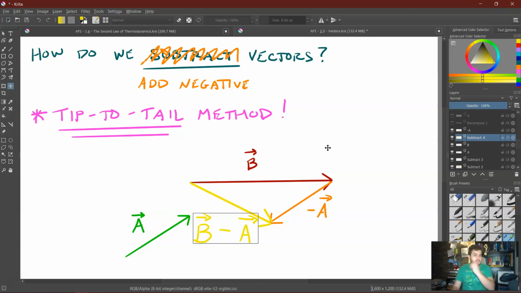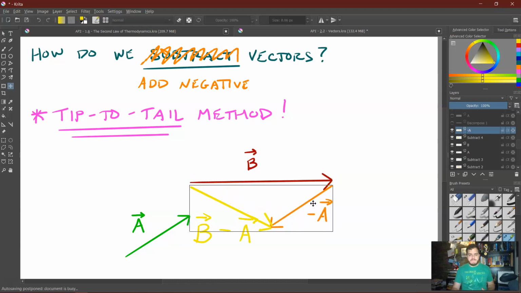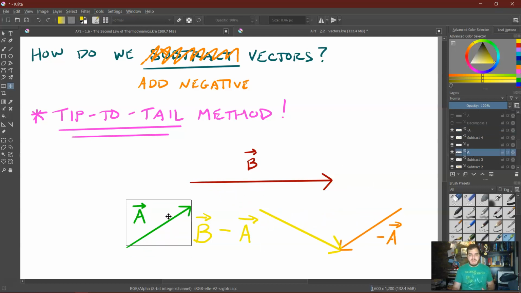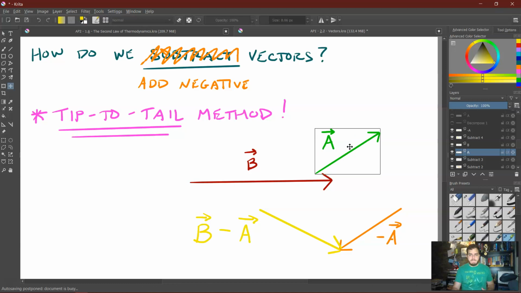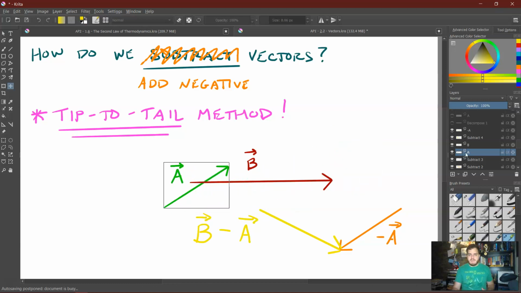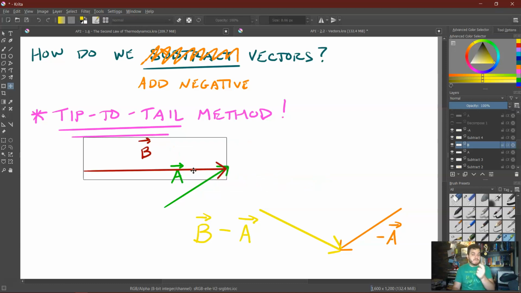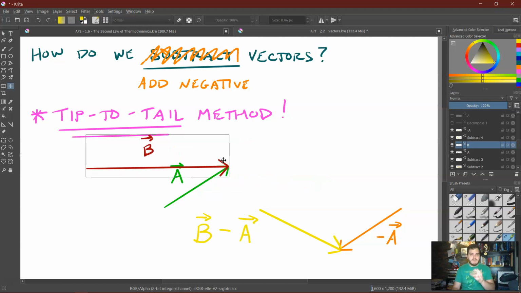Now, one thing we would need to be careful of here is if we instead had done, let's say, A minus B. So if I have A here, I have B here. Now keep in mind, if it was minus B, this really should be flipped. I'm just drawing this for a second to show you. So this would actually be pointed to the left here, and we would get a vector that actually goes up to the left.